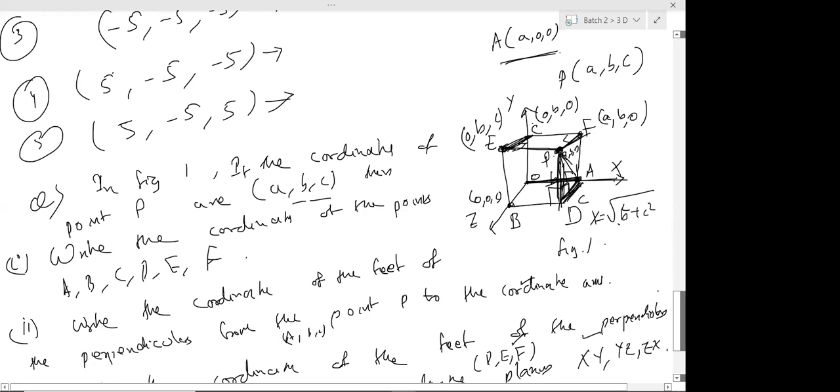This is the distance from the x-axis. To find it from y, then x square and z square under root. If you have to find it from z, then a square plus b square under root. All right. If you have to find this, then this is this square plus this square. This is a units, this is b units.